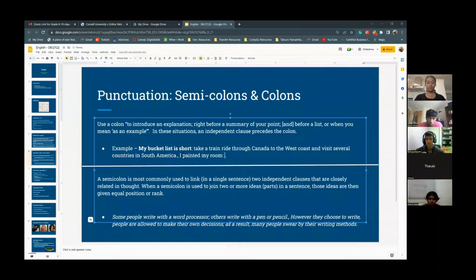I painted my room: using red, blue, and white. Okay. So can someone give me another example of how to use a colon in a sentence, please? So when you're giving me the example, just say my bucket list is short, colon, take a train ride through Canada to the West Coast and visit several countries. Okay.